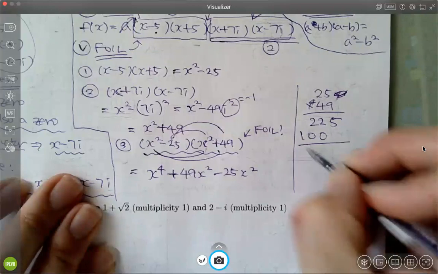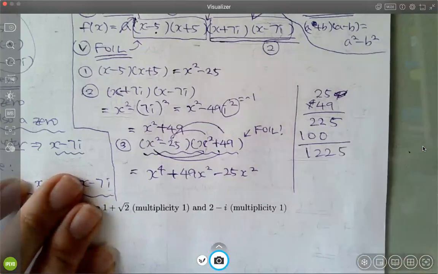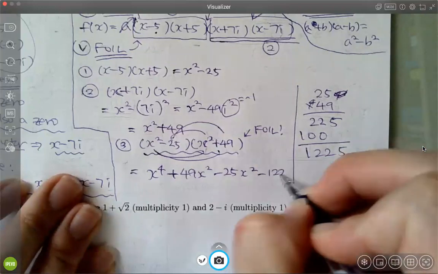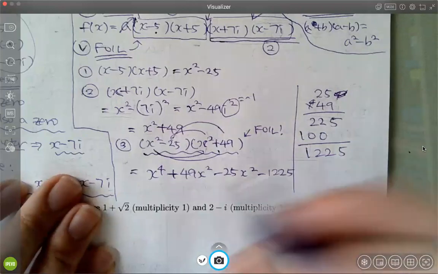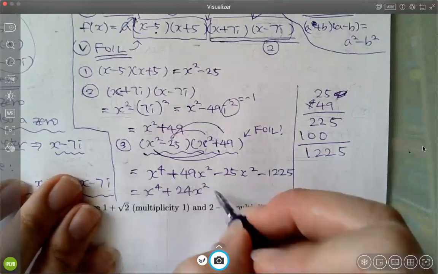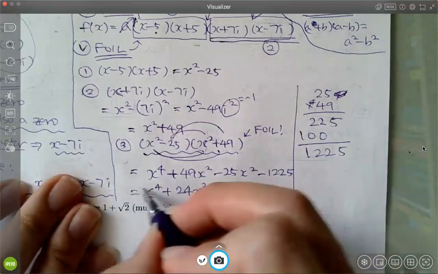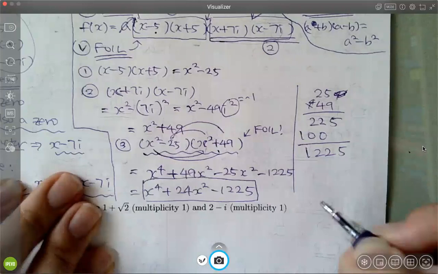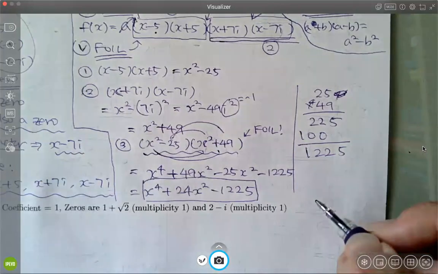And then you add, so you get 1225 with the negative sign, right? Okay, but there's a like term here, so x to the fourth plus 24x squared minus 1225. Okay, so that is the answer.